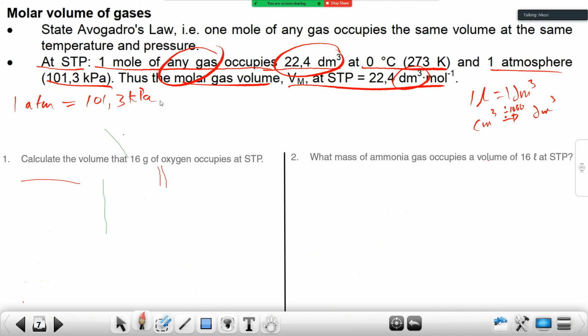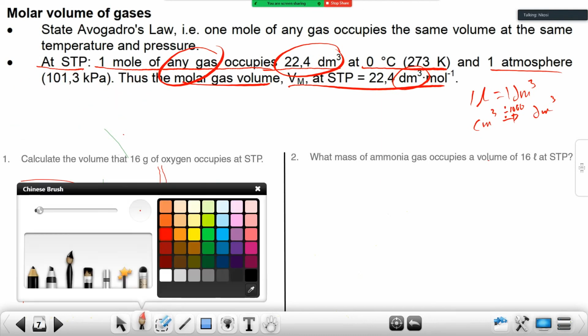So Sibusiso, we don't necessarily need to have our pressure in kilopascal or in pascal. It's just a general statement of the conditions of STP. Maybe for the purpose of emphasis, let me remove this and write the conditions of STP.